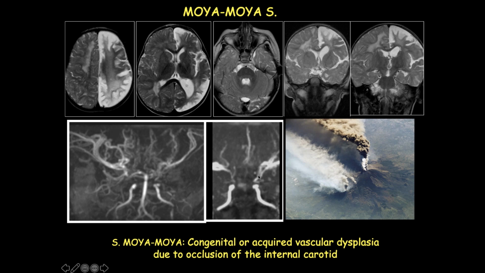As we can see here, we do not see the proximal tract of the main vessel, but we can see the hypertrophy of the small vessels seen as the puff of smoke. If no clear cause is evident in moya-moya syndrome, we can call it moya-moya disease.